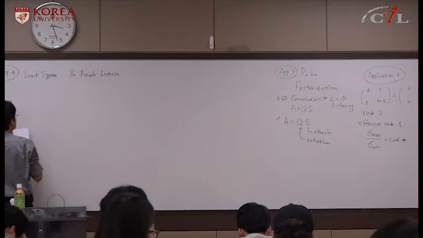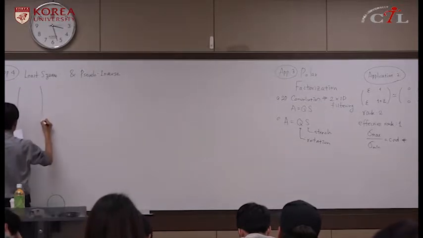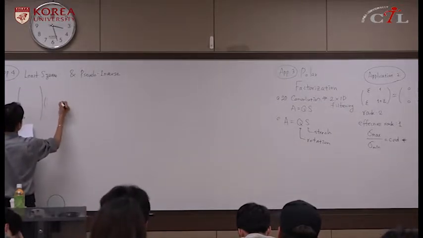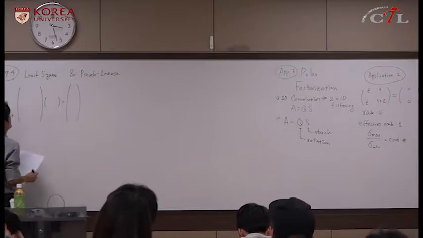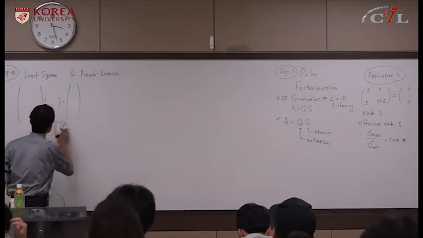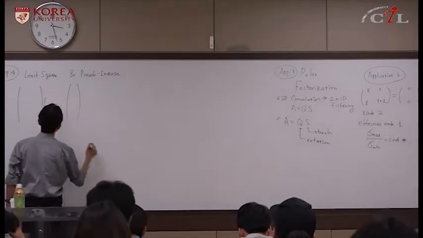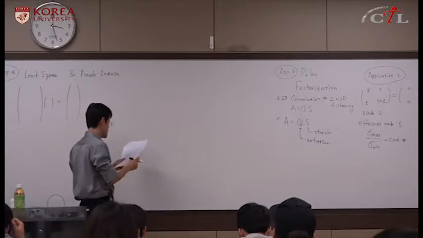Okay, least square problem versus pseudo-inverse. There are many measurements. The vector that we want to find is not that long, but there are many measurements. That's one case.